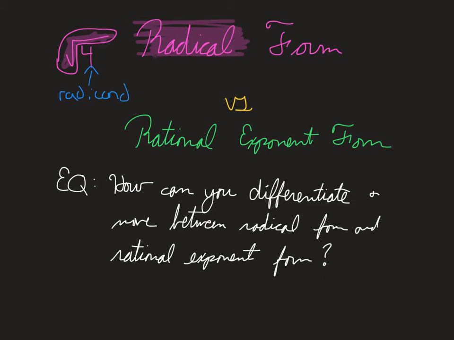So the radicand is whatever is underneath the radical. It could be a number, could be a variable, we could have an x under here as well. Then that x would be a part of that radicand. So the radical is the symbol itself. The radicand is the number or variable or whatever expression is underneath the radical.